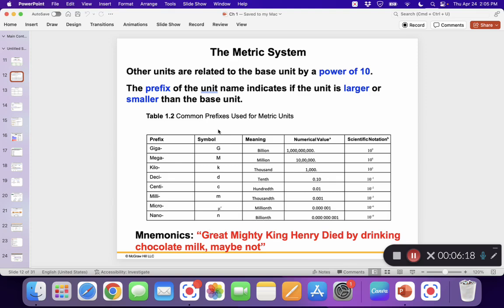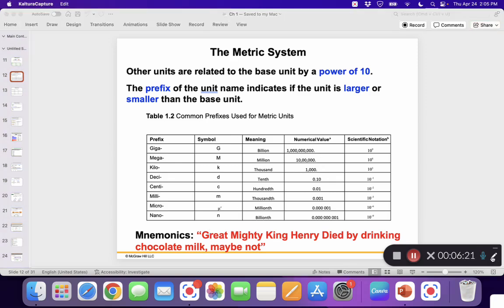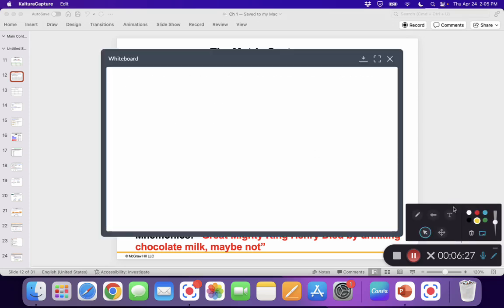Let me show you this on the board over here. Maybe that will be clearer that way. Let me choose the pen. Let me write: great, mighty, King, Henry, died, by.